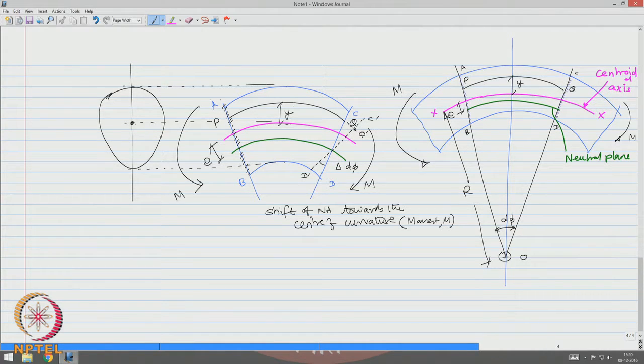Let us say the fiber is marked somewhere here and this distance is y, and this axis is the x axis, and this axis is the neutral axis indicated as n.